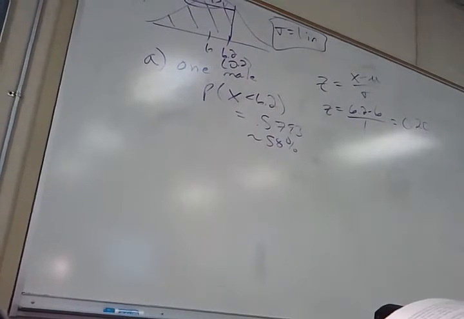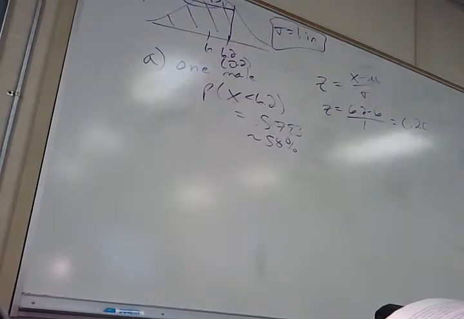So now it's going to be 6.2 minus the mean, divided by the standard deviation for this problem, 0.1. I love it. And what's that z-score going to be? Two. I love it. It should get 10 times bigger because I'm dividing by 10 times less, right? So that's a z-score of 2.